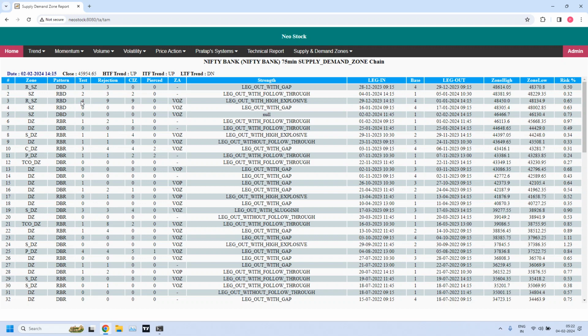The Bank Nifty tested it 4 times, with 9 rejections from this zone. The 75-minute zone, you have to keep an eye on this area. So that means the real resistance is at 48,450 to 48,134, zone high and zone low. Supply zone low is the entry or your profit booking area.